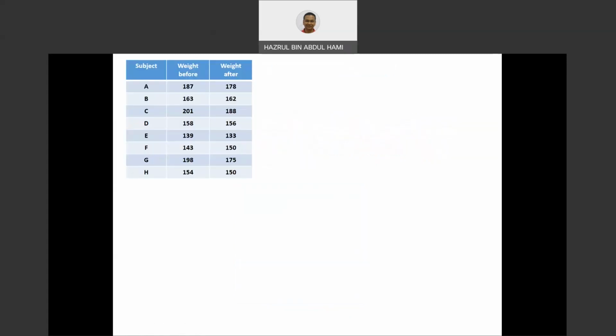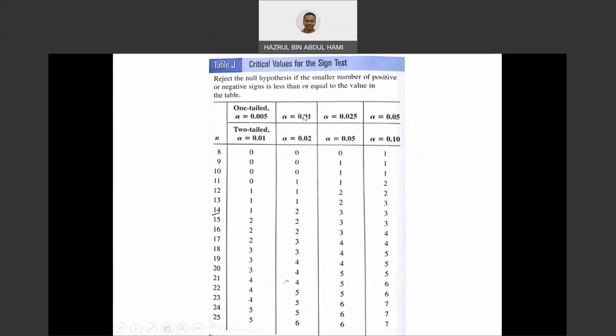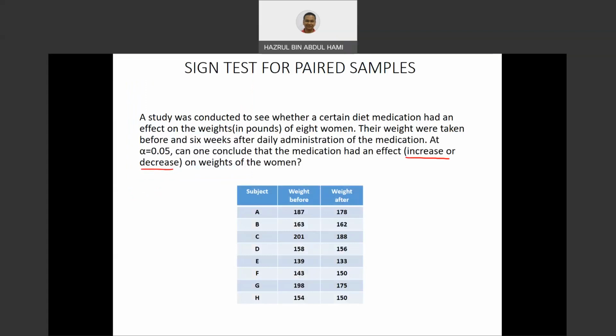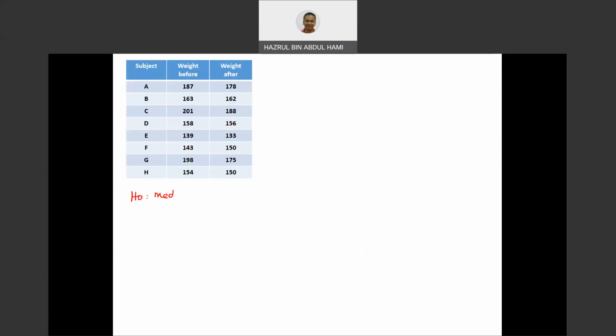So the first step, what we have to do is state the hypothesis. H naught: the median before, referring to the weight before, is equal to the median after.